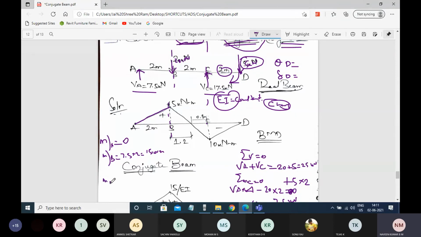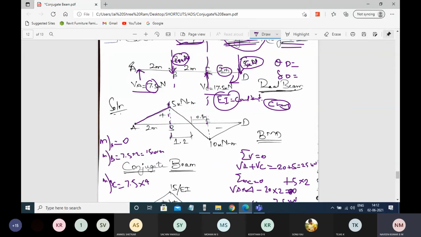So again moment at C. Up to C, you can see that VA is acting and this 20 kilonewton is acting. VA is a force acting vertically. To reach C, the perpendicular distance is 4 meter.